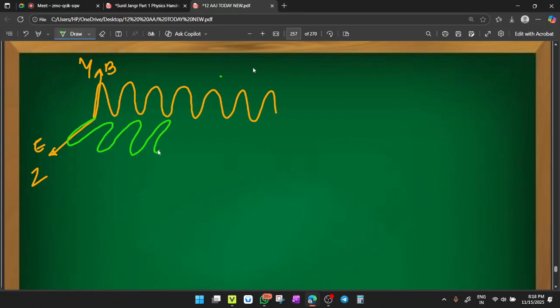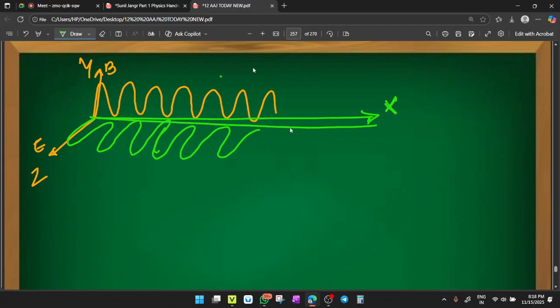So by perpendicular vibrations of these two fields, in the direction along the x-axis, perpendicular to both the magnetic field and the electric field, there is a wave called the electromagnetic wave.